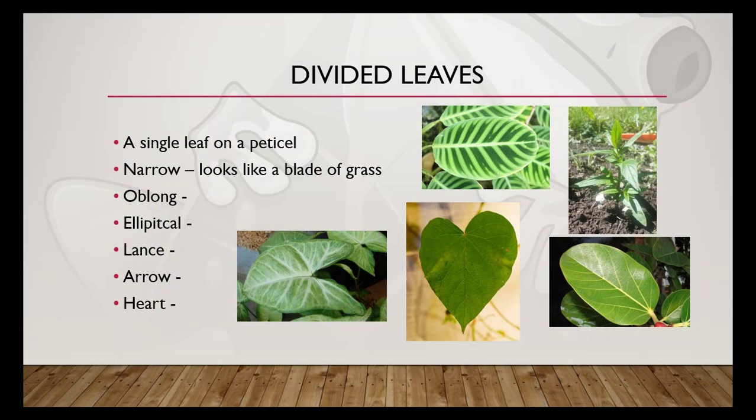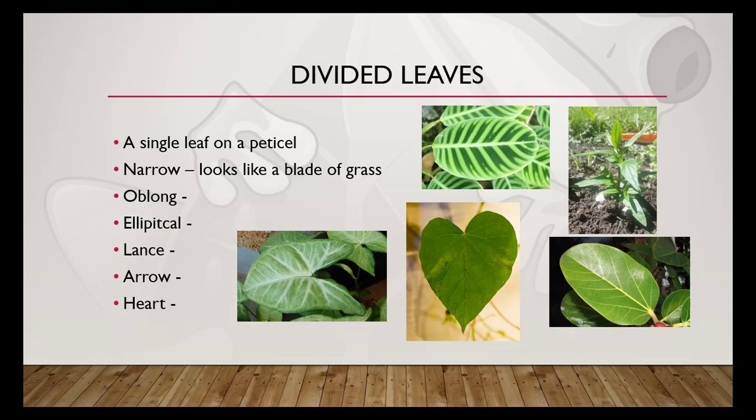A divided leaf is a leaf that looks like multiple single leaves. We can also describe the leaf shape, and a lot of them overlap, so you can do the best you can. Some very distinguishing shapes are oblong, elliptical, oval, which all look basically the same to me. Heart-shaped is easy to determine. Arrow or lance-shaped are also somewhat similar, except arrow-shaped has two lobes at the bottom. A narrow leaf would be like a blade of grass, but could be much bigger.